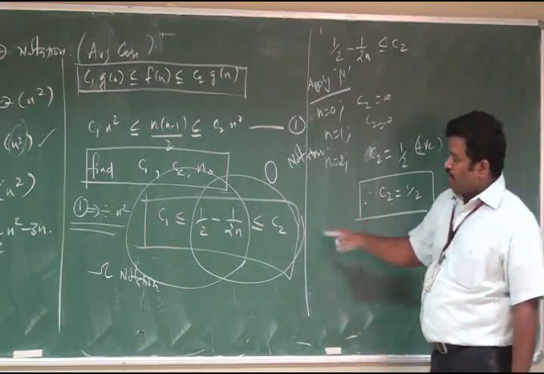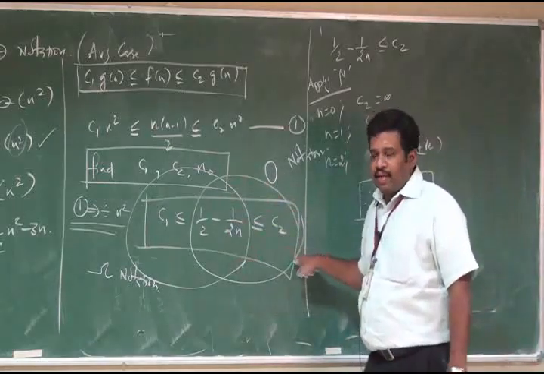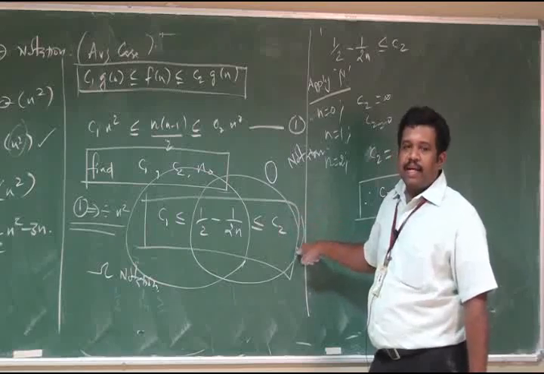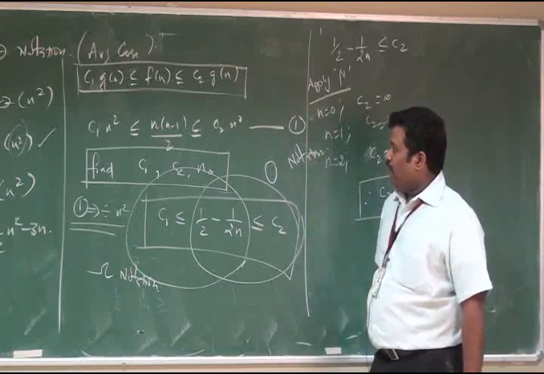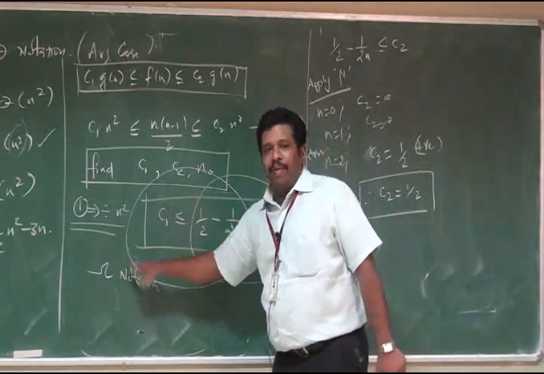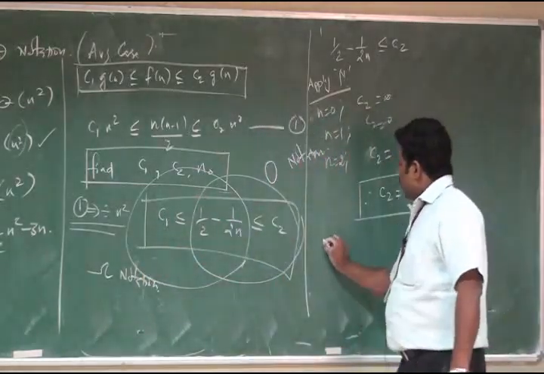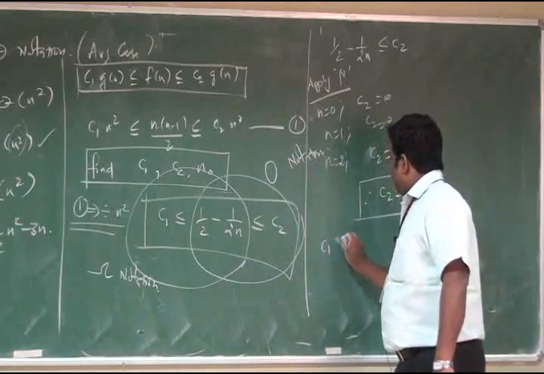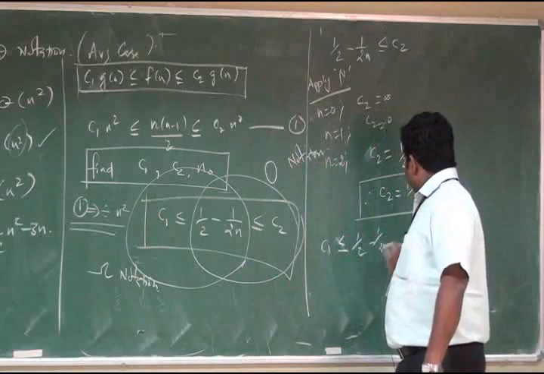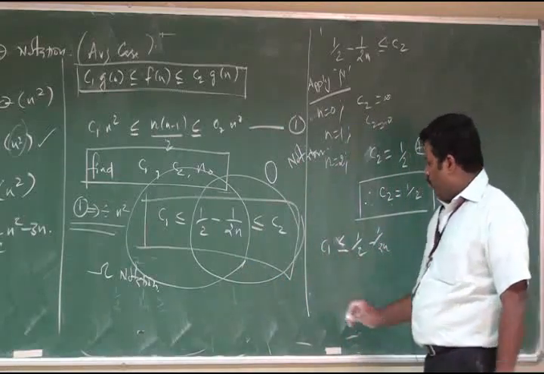Now find the C1 value. See there, the right hand side part signifies the big O notation. You are supposed to follow the procedure as we discussed in big O notation. Now you are supposed to find out the answer for C1 based on the big omega notation. So C1 is less than or equivalent to 1 by 2 minus 1 by 2n. So apply values for n now.